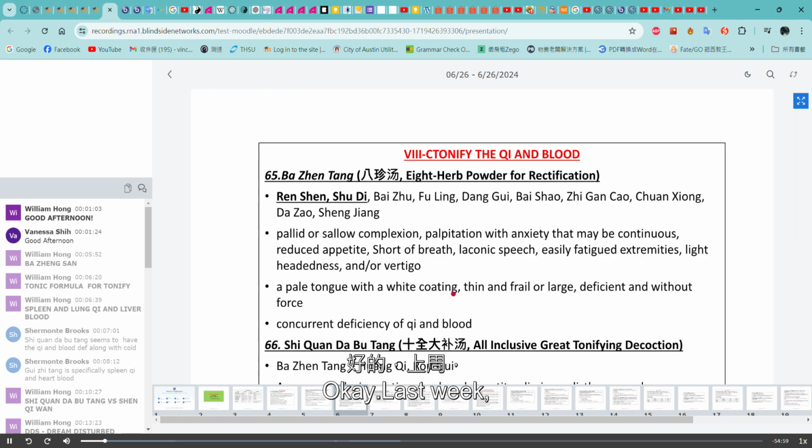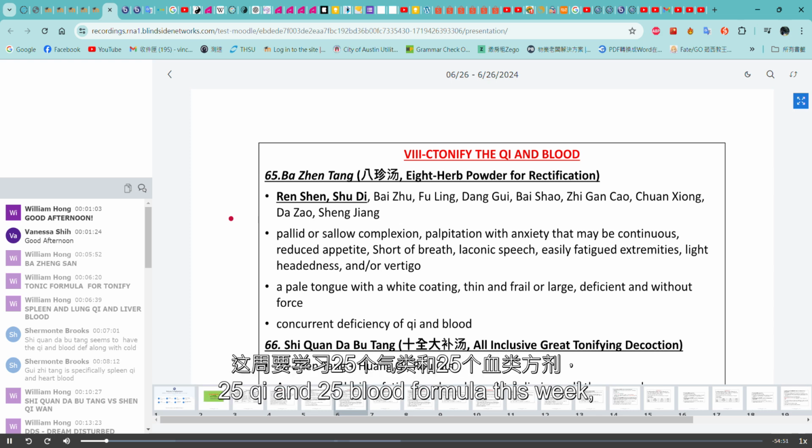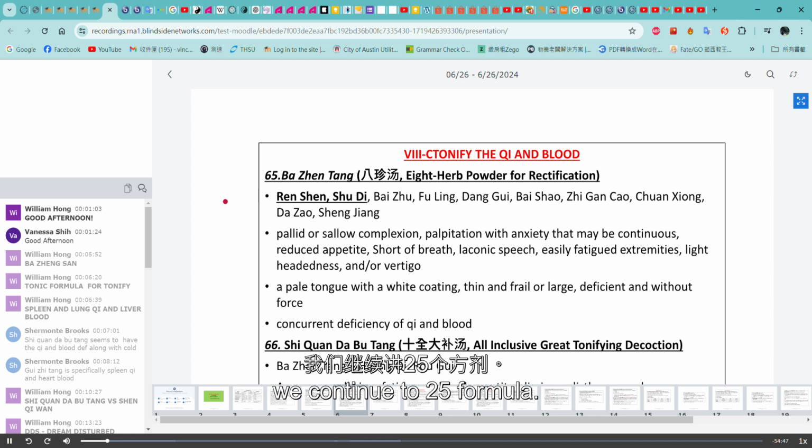Okay, last week I think we finished until Qi deficiency, 25 Qi and 25 blood formula. This week we continue to 25 formula.